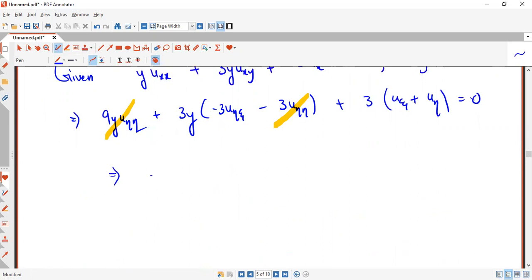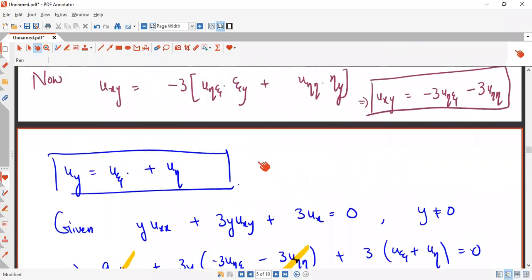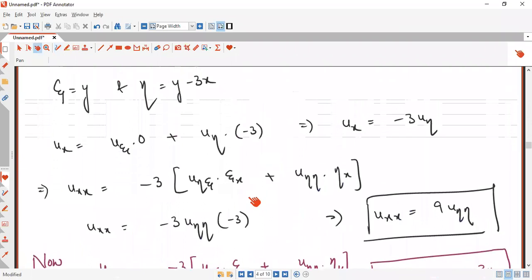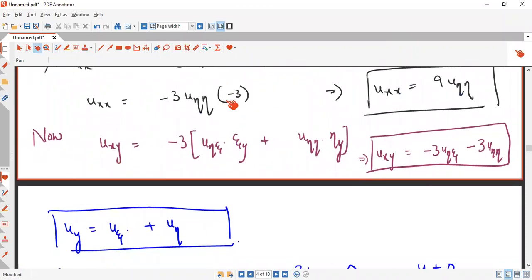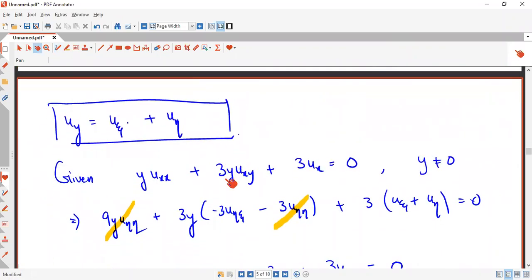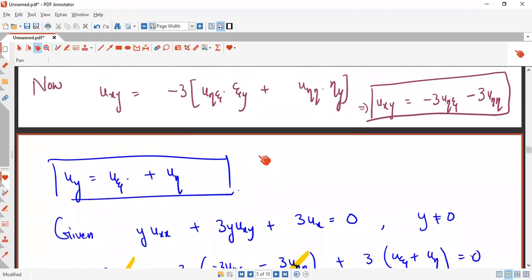So it will become minus 9y u xi eta plus 3 ux. Right? This is what we are getting.